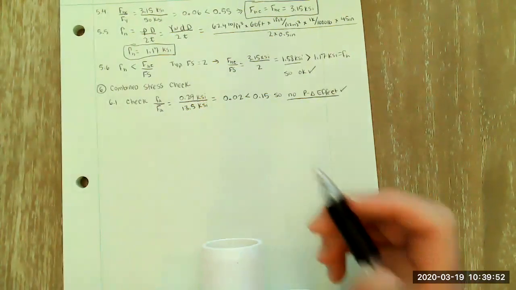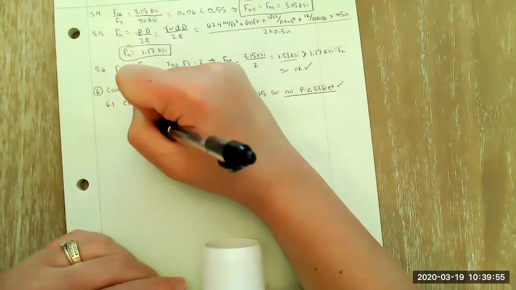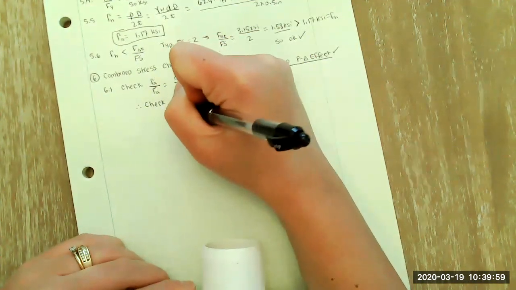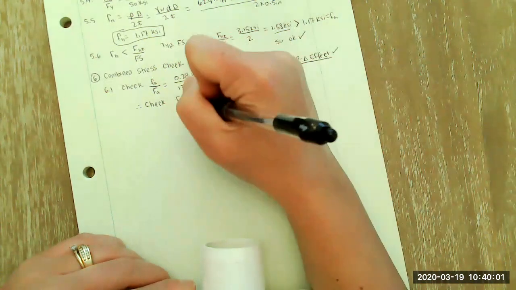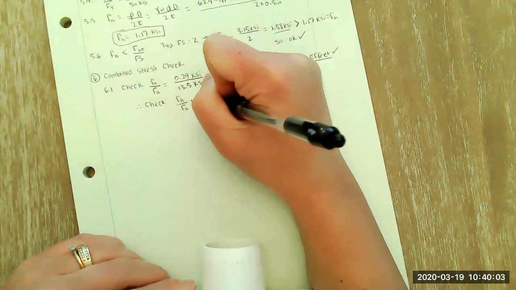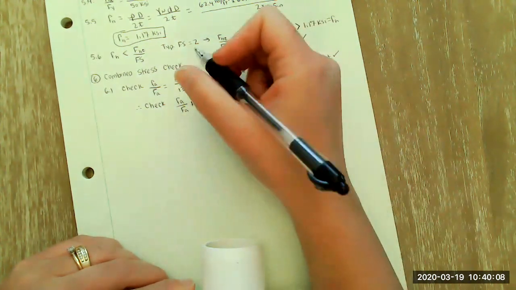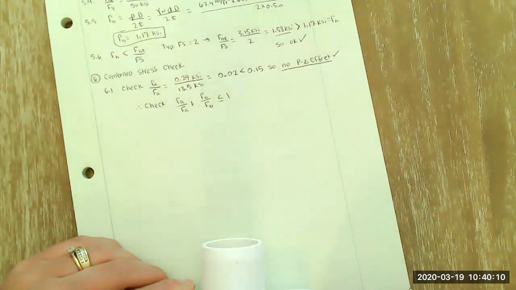So let's go ahead and check that: little f sub A over capital F sub A plus little f sub B over capital F sub B is less than or equal to 1.